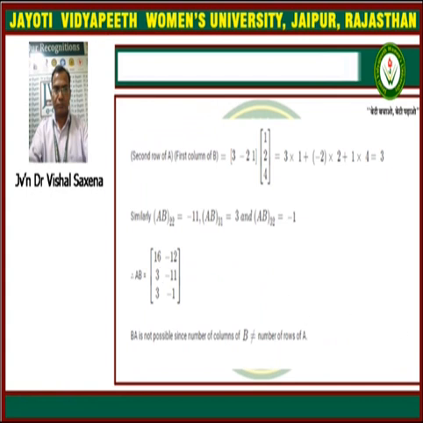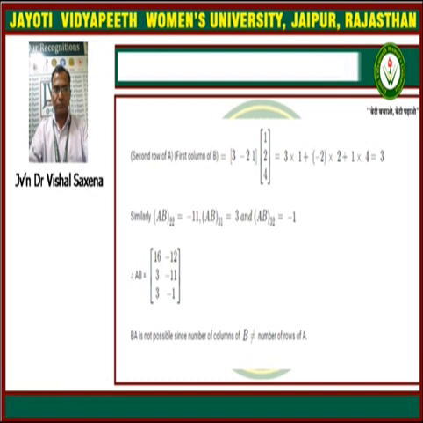Then -12 is the position of A12, because we have taken the first row of the matrix A and multiplied by the second column of matrix B. So the result is -12. Therefore -12 will come at the position of A12, means first row and second column.